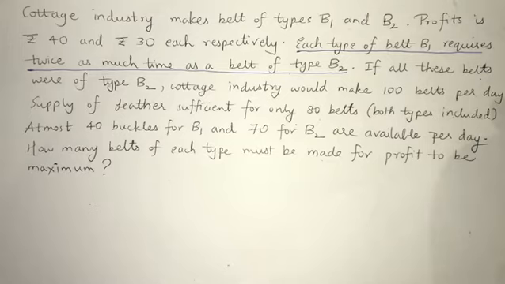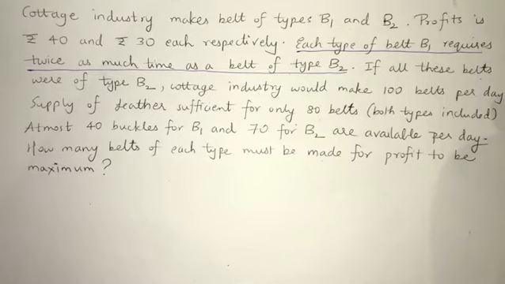So if B2 is produced in 7 minutes, B1 is produced in 14 minutes. We don't know exactly how much time is needed to produce B2. So if B2 is produced in 5 minutes, B1 will need 10 minutes. One belt of type B1 will require double the time needed to produce a belt of type B2.